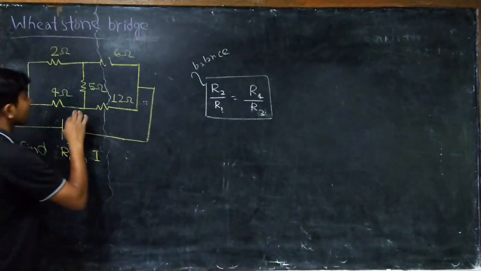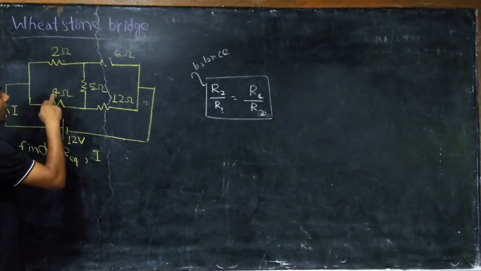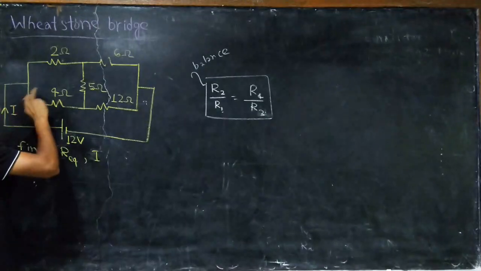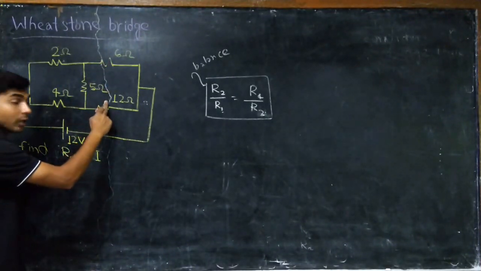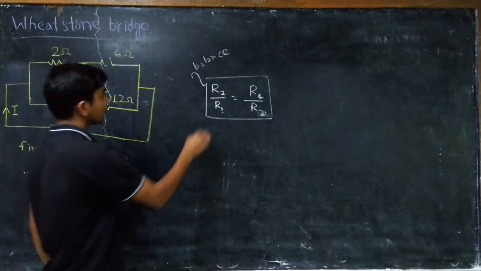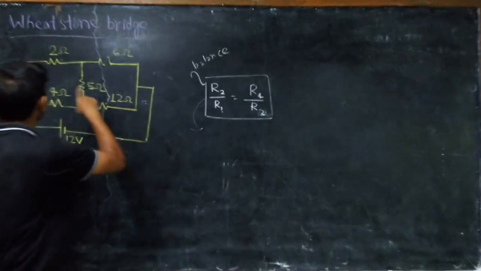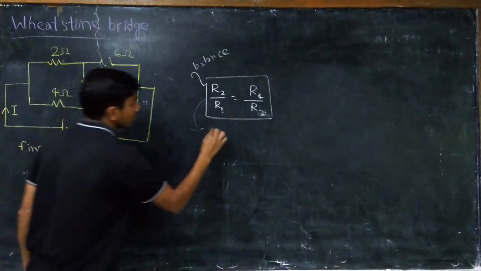So see, this is your R2, R1, R4 and R3, right? If I take the ratio, 2 by 2, how much is coming? 2 by 4, right?